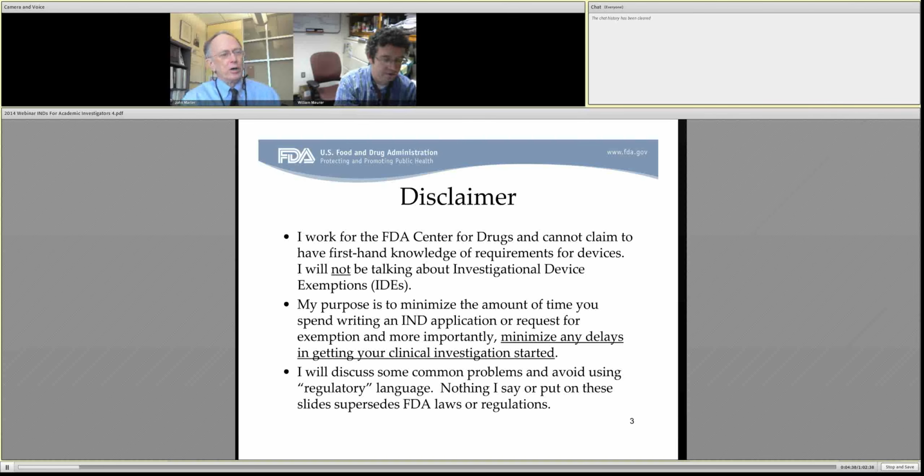But I did want to share some ideas that I have that might make it easier for you to spend less time writing the application, as well as less time between when you submit the application and when you actually have an IND that's in effect, so that you can go on and do the research that you want to do.